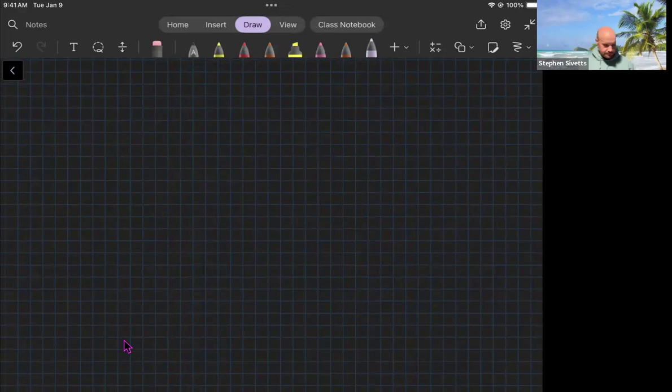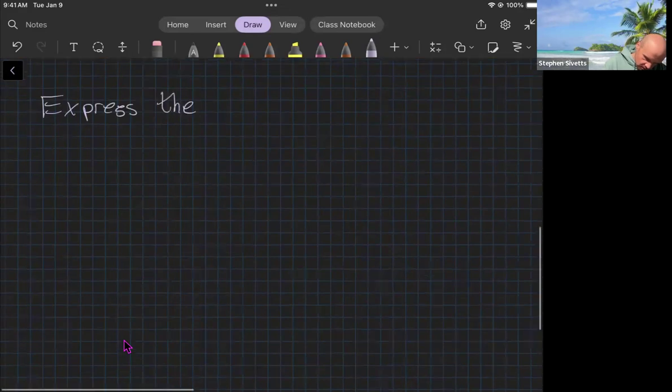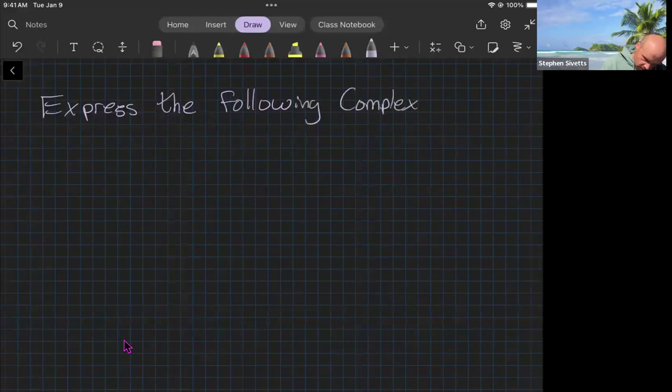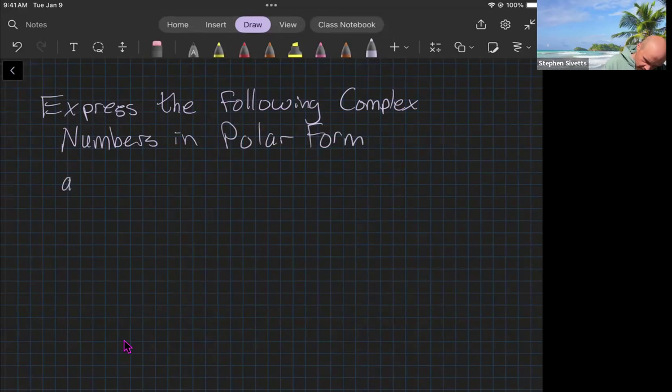So for example, let's look at these examples: 1 plus i and minus 3i.